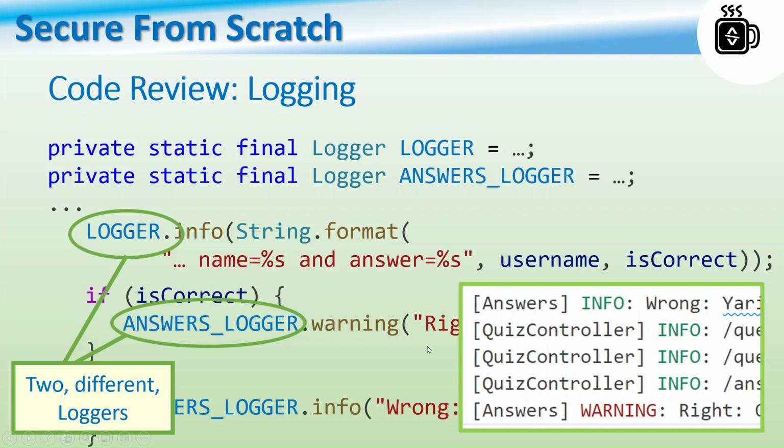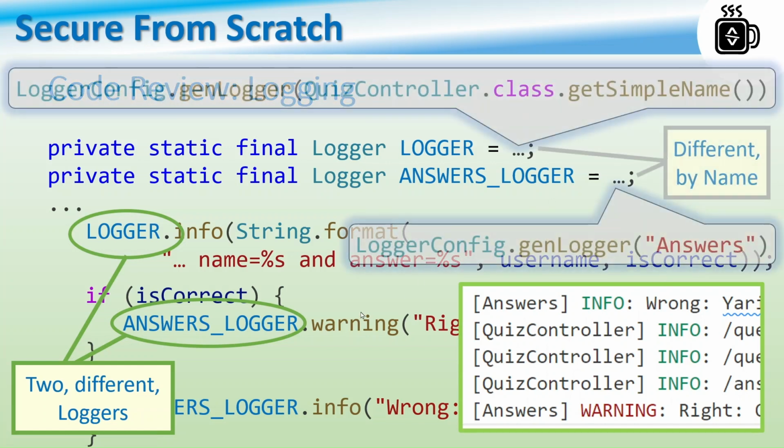If we look at the sample log file output at the lower right of the screen, we see that each line includes the logger's name. Answers means it was answers logger, and quiz controller means it was logger, which is used in this code as a general purpose logger.